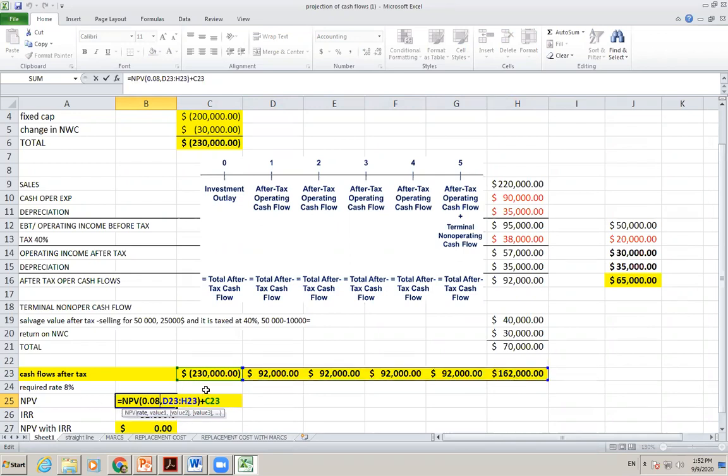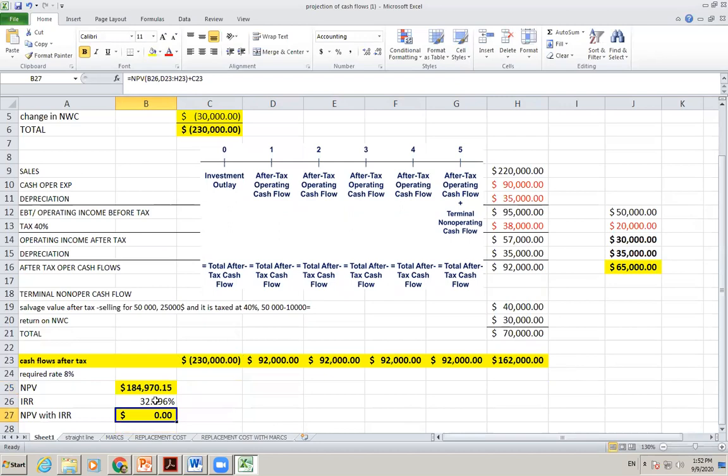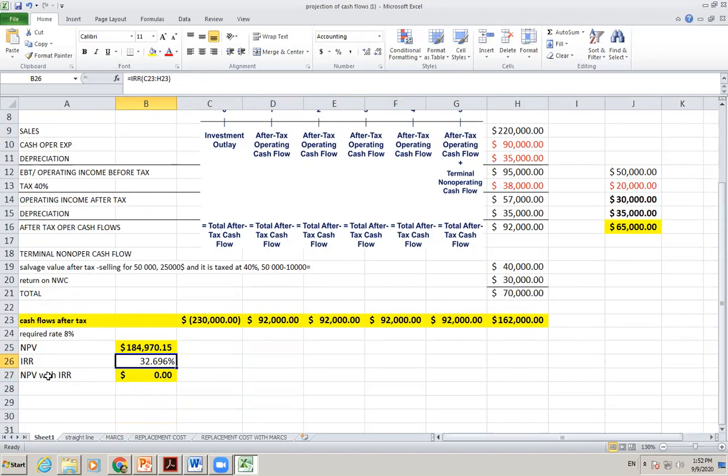Close the bracket, and you subtract the investment cost. Your NPV is positive. IRR, same, you get all the range. We can see that your IRR is higher than 8%. Then NPV with IRR is equal to 0.